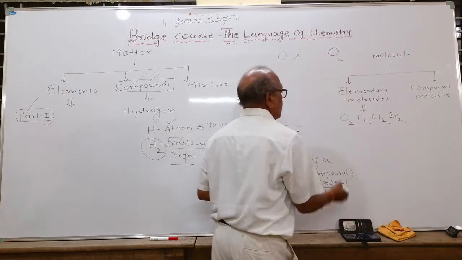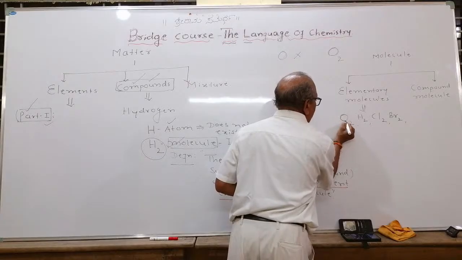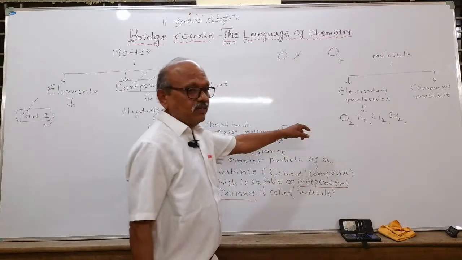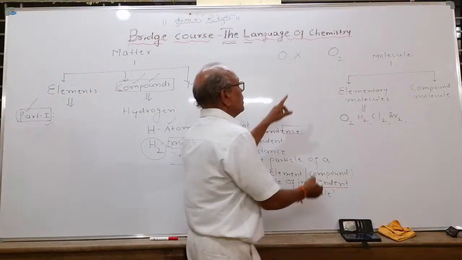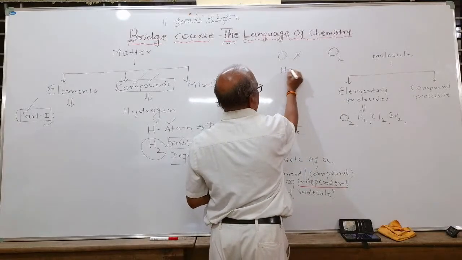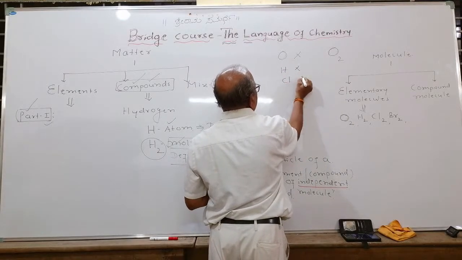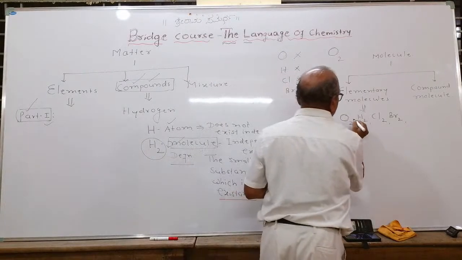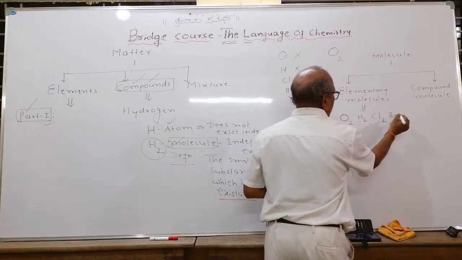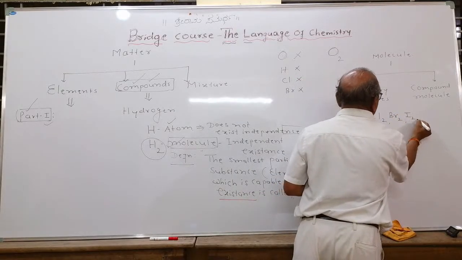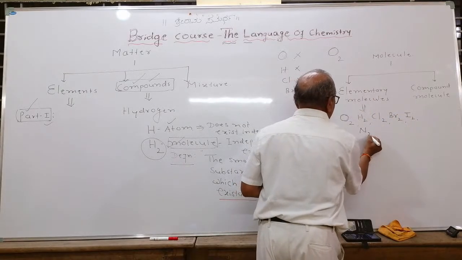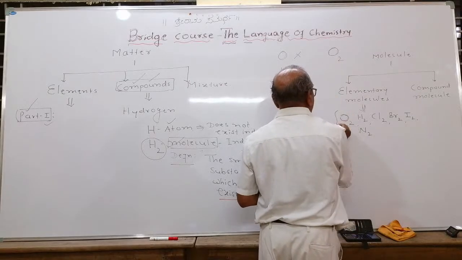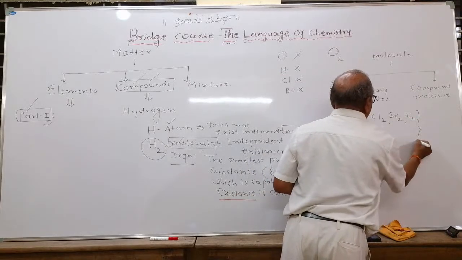Always whenever you are writing equations, write the formula of molecules, not the atoms. O does not exist, H does not exist, Cl does not exist independently, Br does not exist independently. They exist as O2, H2, Cl2, Br2, I2, even N2. Like this, these are called as elementary molecules.